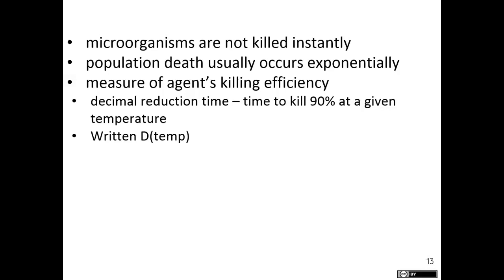Decimal reduction time is the time it takes to kill 90% of the microbes within a given population at some given temperature. It's usually written as the D with a temperature in Celsius next to it, okay?